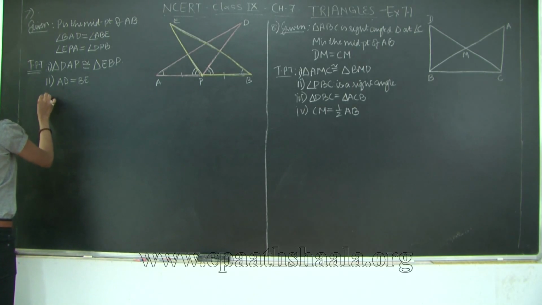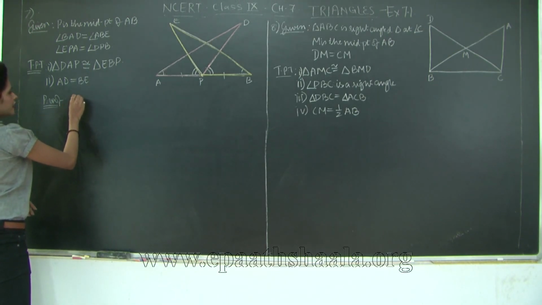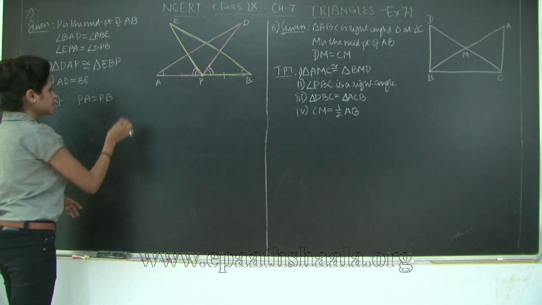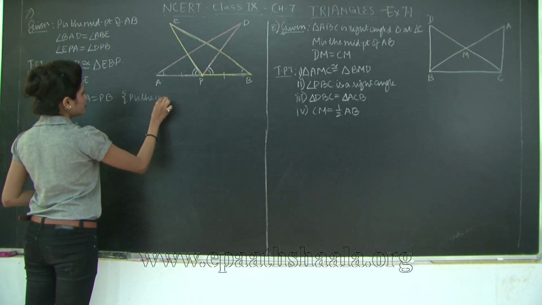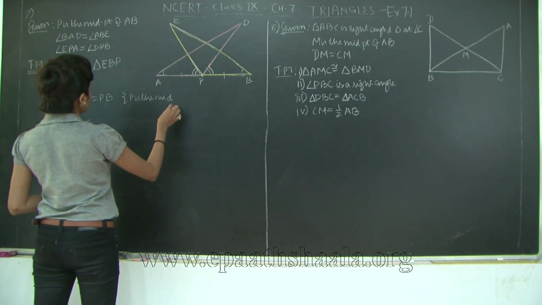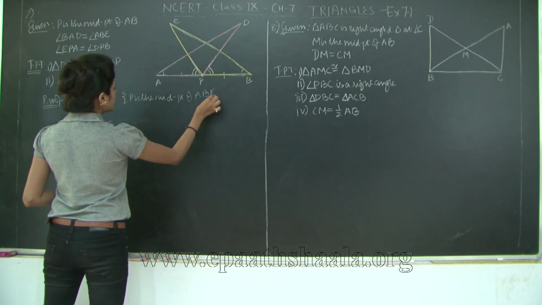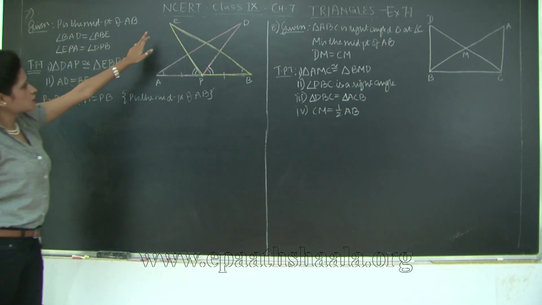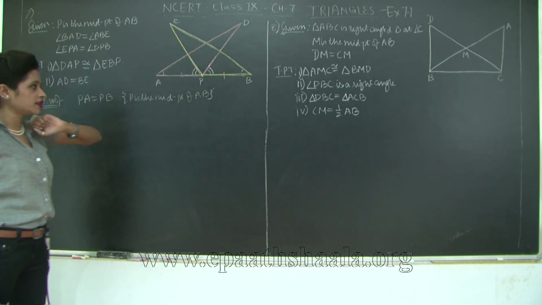So let's start with our proof. Let's write this down. Now I have PA is equal to PB. Why? Because P is the midpoint of AB. Correct, and also I have been given that EPA is equal to DPB. I am just going to add angle EPD to both the sides.